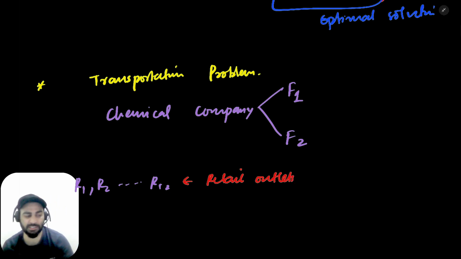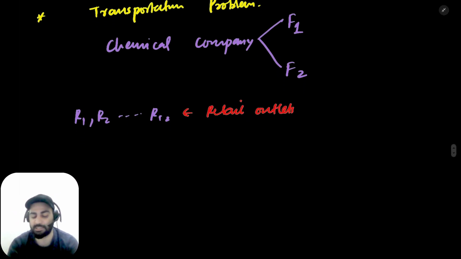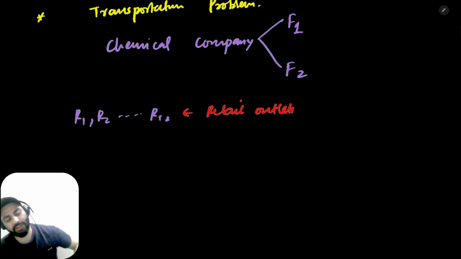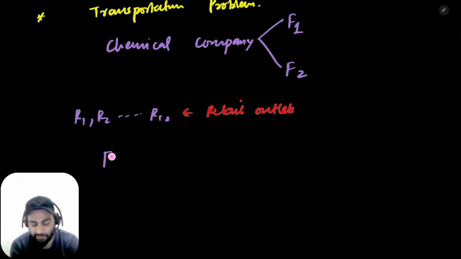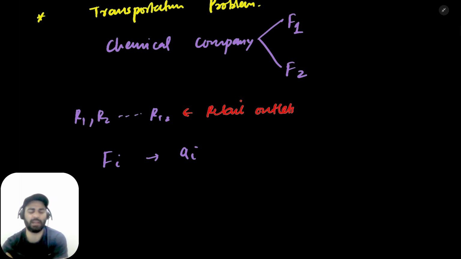Now factories manufacture these products, and then the retail outlets sell these items. So each factory, let's suppose we have factory Fi, let's say F1 and F2, can produce ai tons of a chemical of a certain type. Let's suppose the chemical type is the ith type.